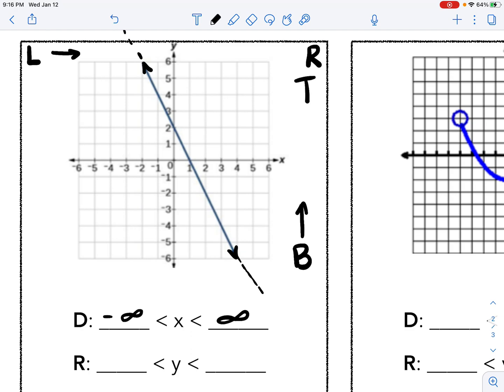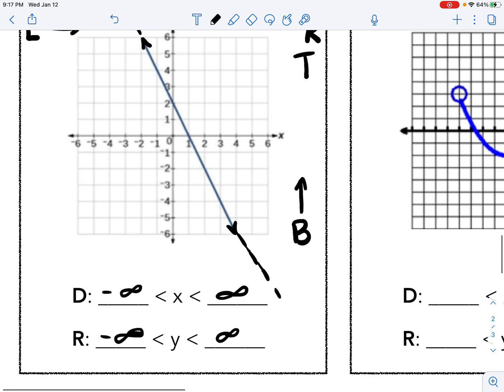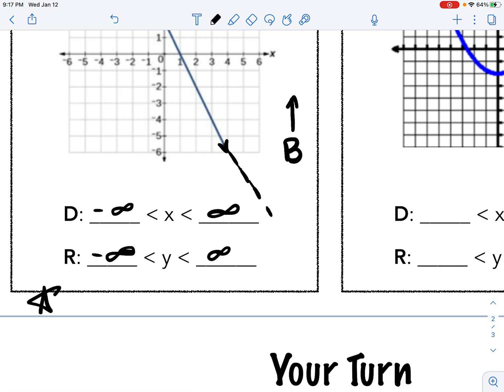Next, I'm looking at range, bottom to top, and it looks like, again, this arrow is going to keep going down forever, so I've got negative infinity, and it keeps going up forever on the other end, so we're going to positive infinity. This situation is what we call all real numbers.